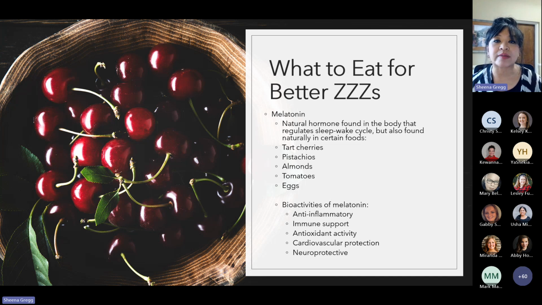So that's going to be anywhere between a half to 1 milligram and then increase gradually as needed. If we're going with a higher dose, so 5 milligrams and above, that's really going to be unnecessary and it may lead to some symptoms we don't want to experience, like excessive grogginess. And then there's also reports of correlations with vivid dreams.